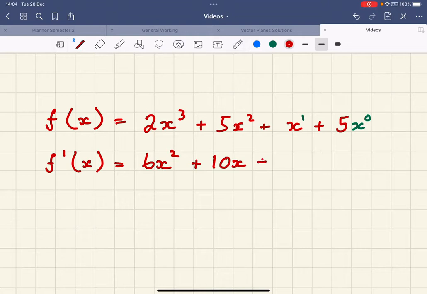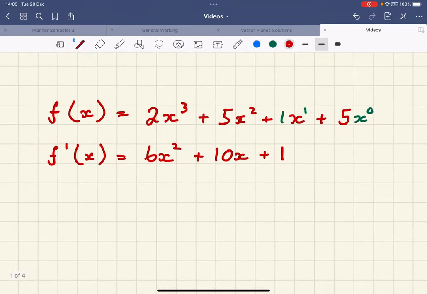Plus x to the power of 1. So I times that green number 1 by the number in front, which also isn't written, but it's actually 1. So it's 1 times 1, which is 1, and then x to the power of 0. I'm going to write that in, but actually x to the power of 0 is 1, so I can just get rid of that.